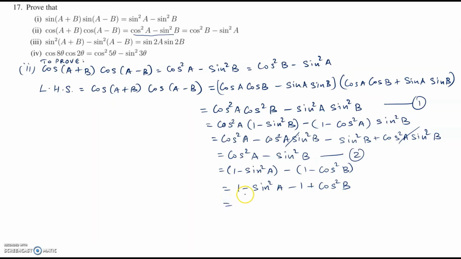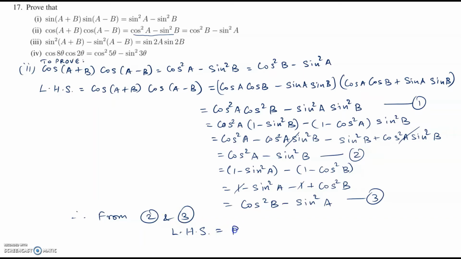So your answer will be 1 and 1 will be cancelled. So you will be left with cos squared b minus sin squared a. So this is 3. Therefore, from 2 and 3, LHS is equal to RHS. Hence the proof.